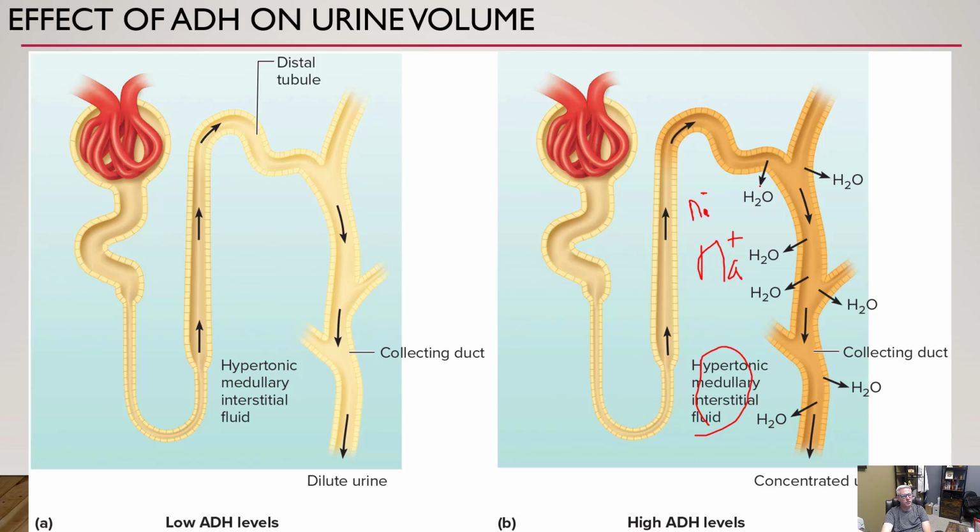And remember, where salt goes, water is going to follow, to try and counteract that hypertonicity. So all this picture is saying is that ADH is going to work on the distal convoluted tubule and the collecting duct.